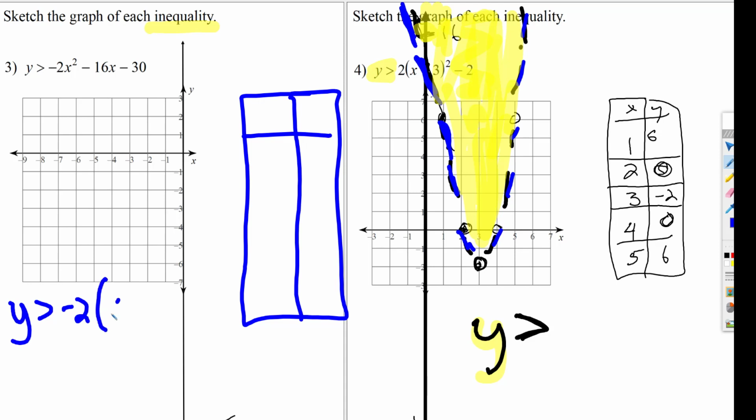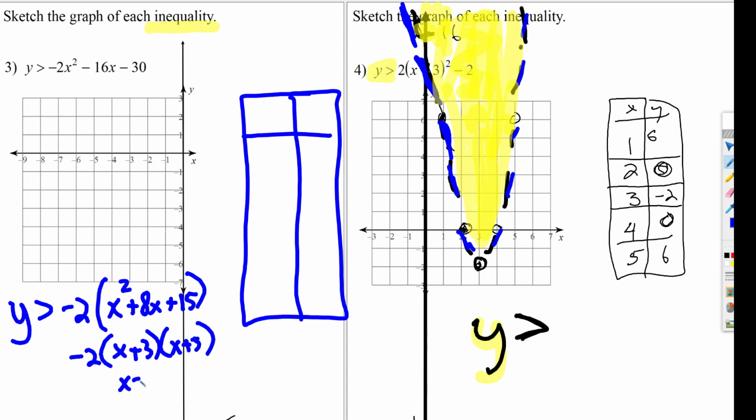So that's going to factor. If we factor out a -2, -16 divided by -2 is +8x. And -30 divided by -2 is +15. Now, factors of 15 that add up to 8, that would be 3 and 5.